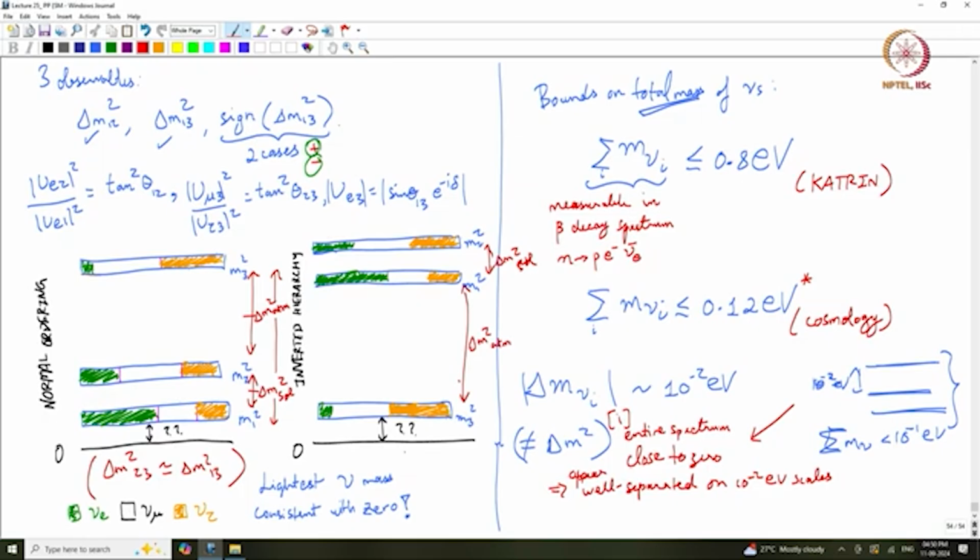So, let me probably draw a picture to show you what I mean. I have a spectrum like this, let me redraw that spectrum. This case corresponds to 0.1 electron volts being here, and then the 3 neutrinos, 3 eigenstates are basically like this, and this is roughly where 0 is.